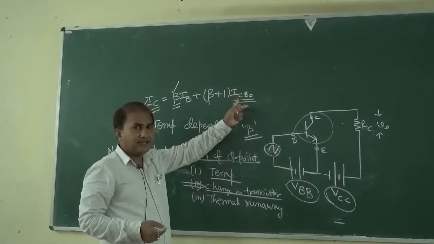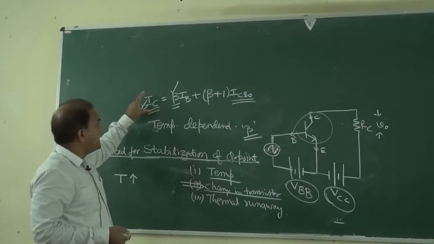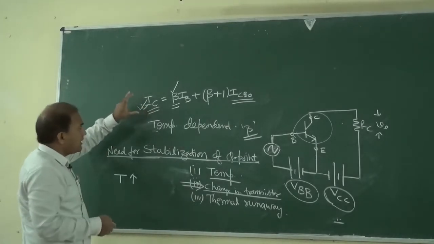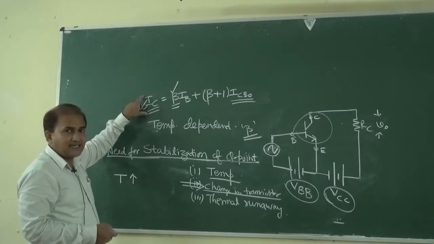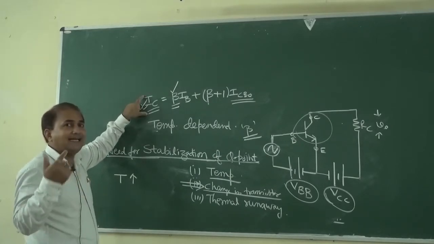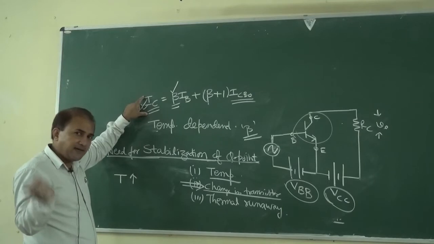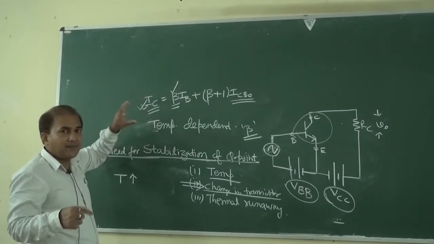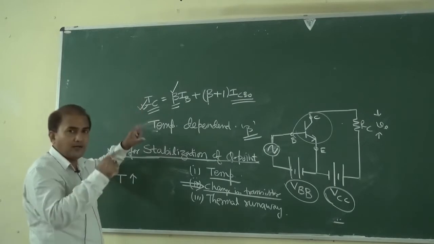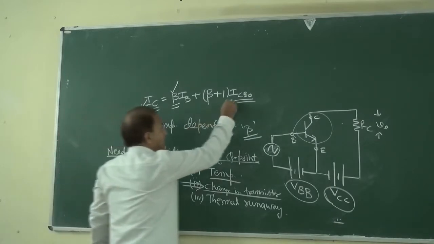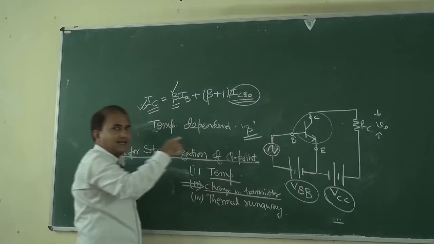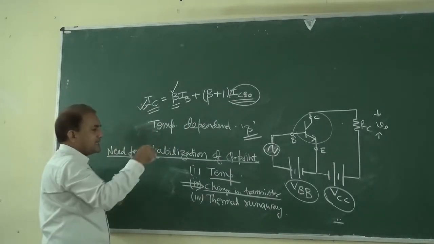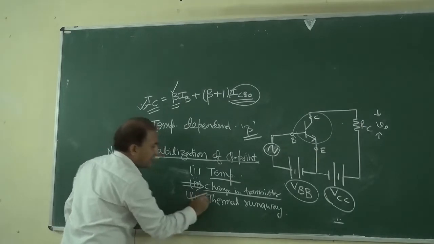If ICBO increases, this will again increase the value of IC. If IC increases, then power dissipation will increase, which will increase the temperature. Then again, due to the increase in temperature, ICBO will again increase. So this will go on. This process is known as thermal runaway.